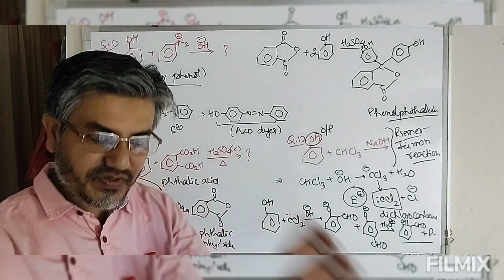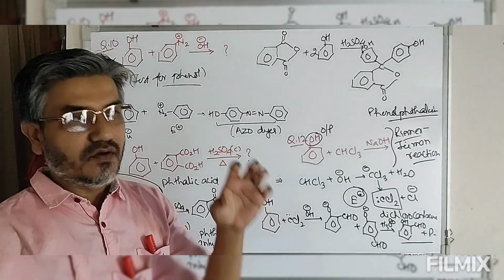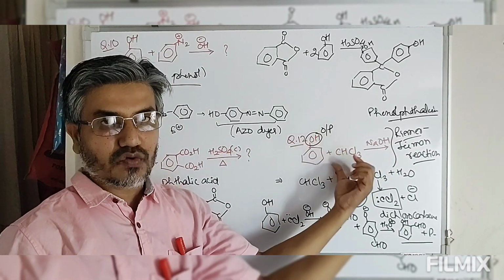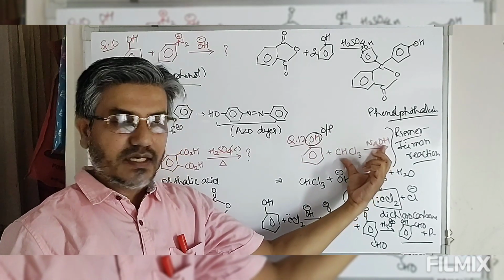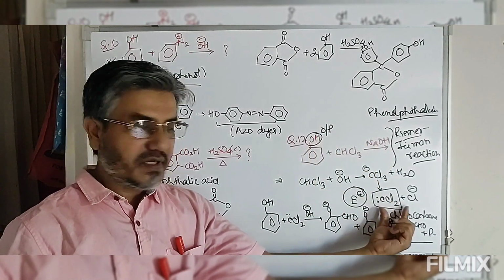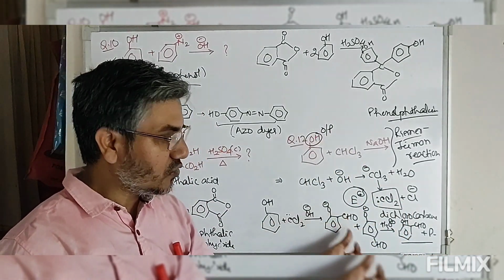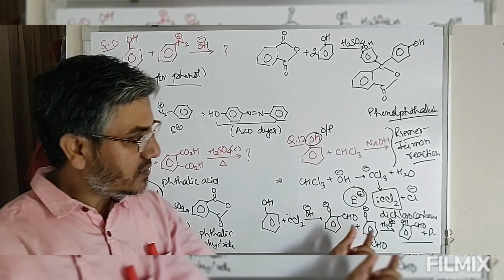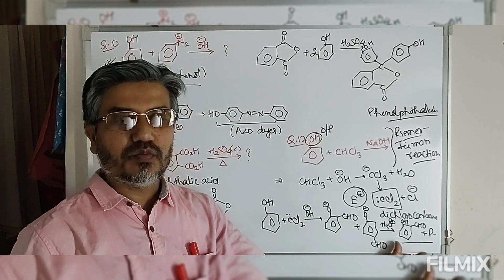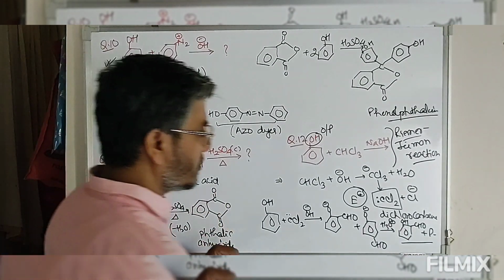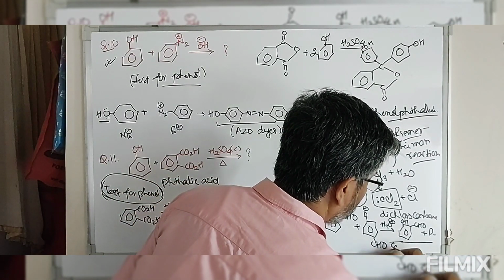So this is a specific reaction of phenols. Phenols react with dichlorocarbene, that is chloroform, in presence of alkali. When the dichlorocarbene electrophile is generated, the formyl group is introduced at ortho and para position. The ortho substituted product is known as salicylaldehyde.